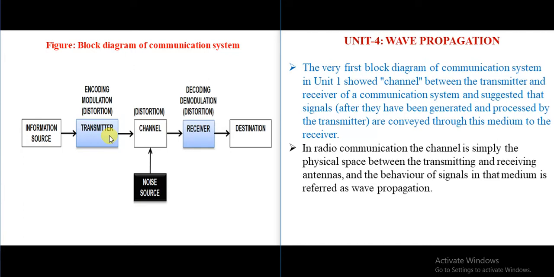It will convert the frequencies which are comparatively low, and not having sufficient intensity to get transmitted in the air, to high frequency signals, so that they can be propagated in the atmosphere. And the behavior of the signal in the medium in which it is transmitted or propagated is called wave propagation.